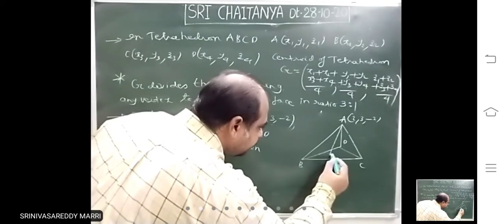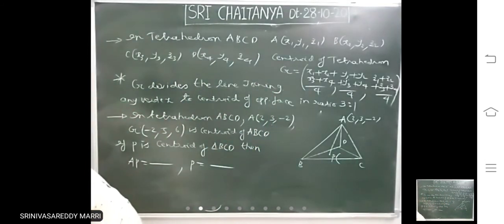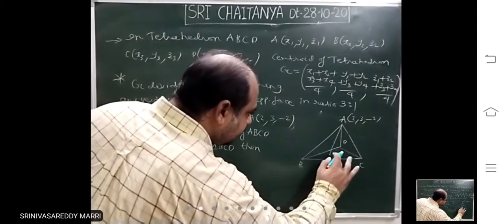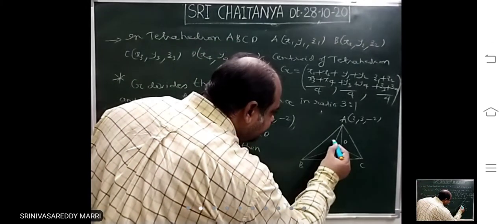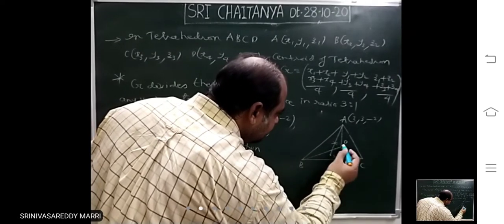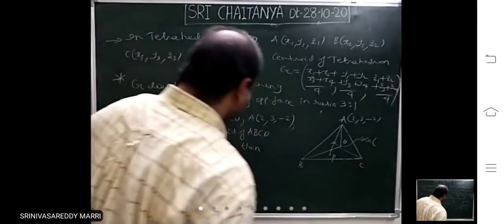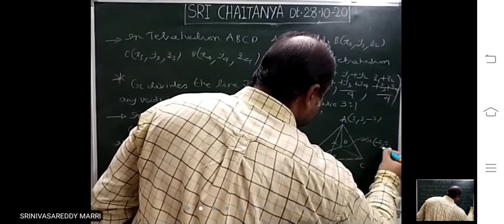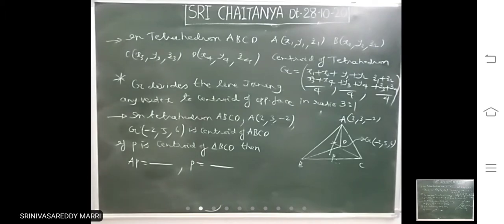Let us say this is P. It is not given. This you have to calculate. Centroid of the tetrahedron will lie on this line. This G is given to you, -2, 5, 6. So he's telling that P is the centroid of the triangle BCD.